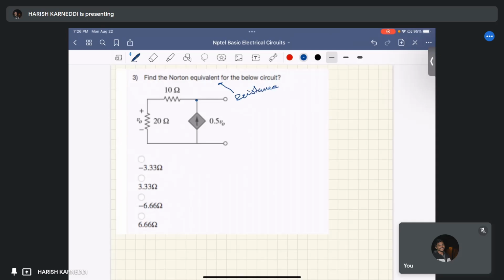Okay. In this circuit, you have only one independent source and two resistors. If you want to find out the Norton's equivalent resistance, you have to energize this network, then you have to find how much resistance is offered by this network.